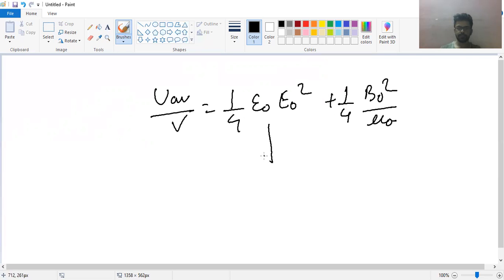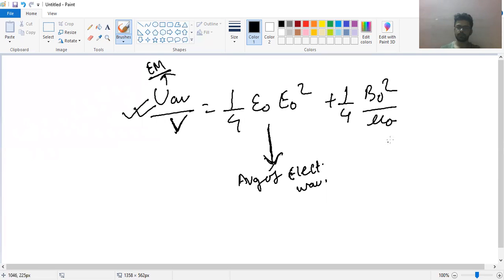So this is the total average energy by volume, the average energy of the electromagnetic wave. This part is the average energy density of the electric field, and this is the average energy density of the magnetic field.